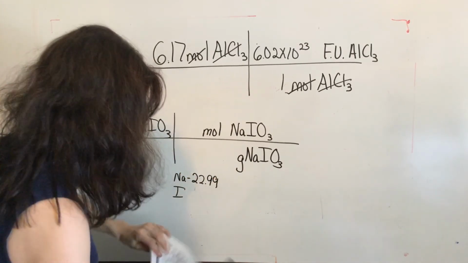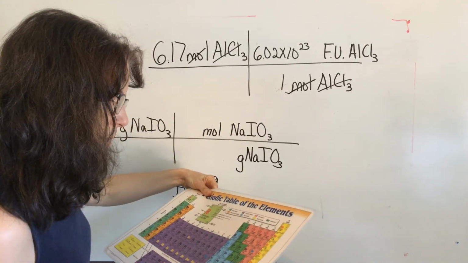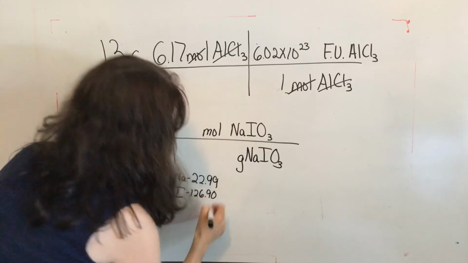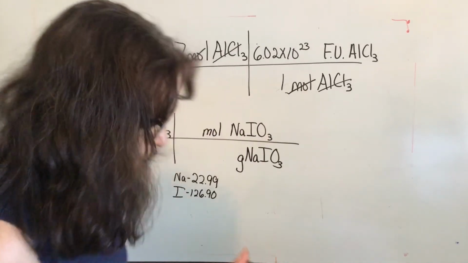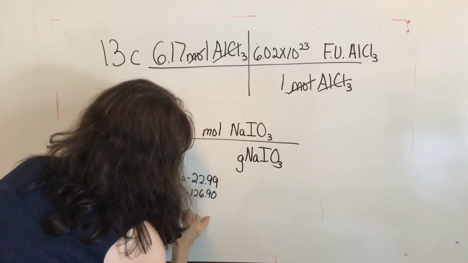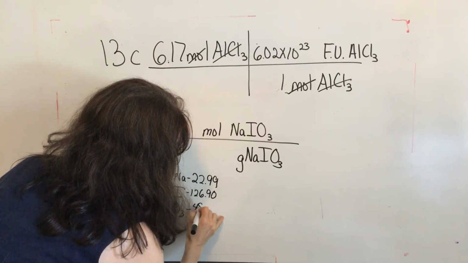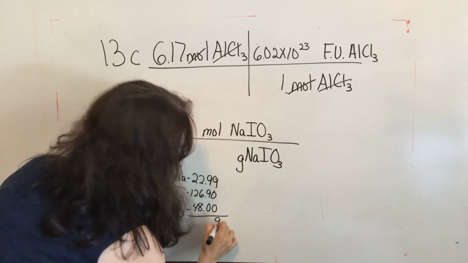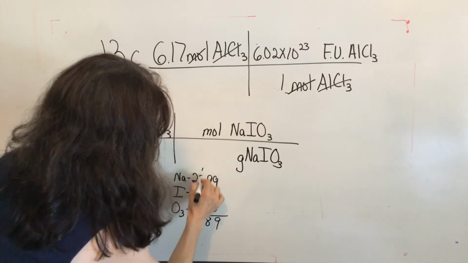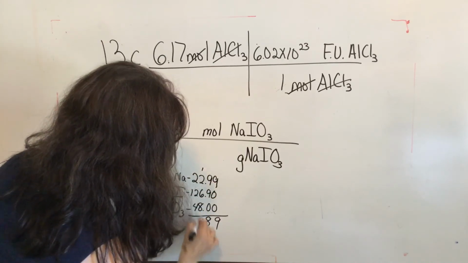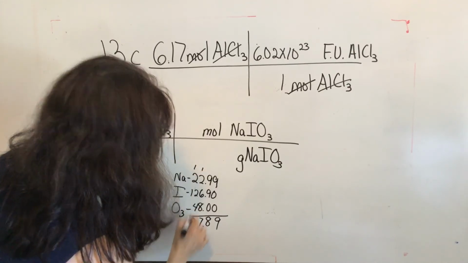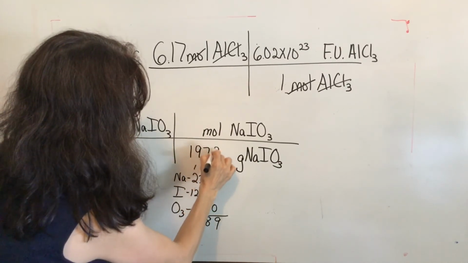By now, I'm sure you're very good at adding all these together, so I don't think this will be a problem for you. 4, 5, 9, okay, 197.89.